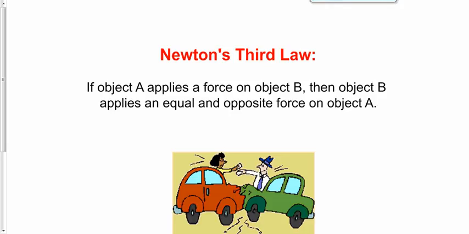It doesn't hurt because you kicked the end of the bed. It hurts because the bed kicked you back. If object A applies a force on B, B applies an equal and opposite force on object A. You kicked the bed. If that's going to do any damage, it's going to do damage to the bed, not your toe. The bed kicking you back is what does damage to your toe.